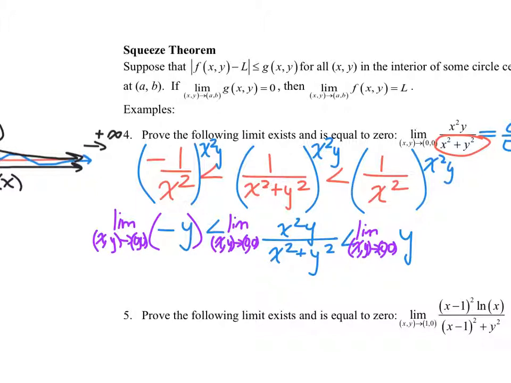That ends up being the hardest part of the process when you get the hang of this. Physically writing in limit as (x, y) approaches (0, 0). So, what is the limit of negative y as (x, y) approaches (0, 0)? 0. So it's between 0 and 0, it has to be 0.